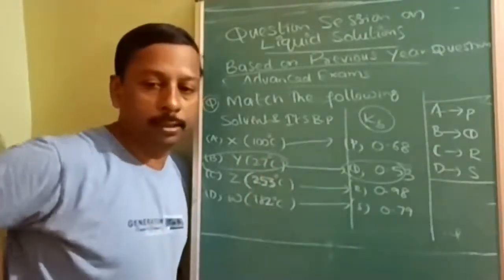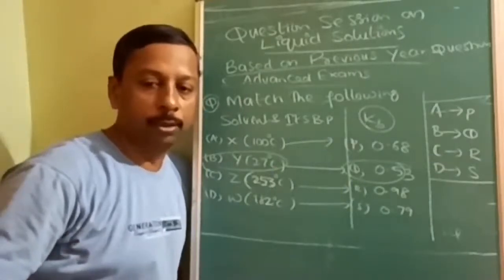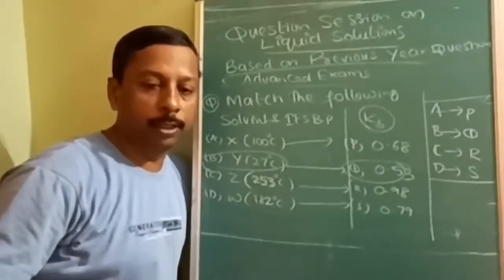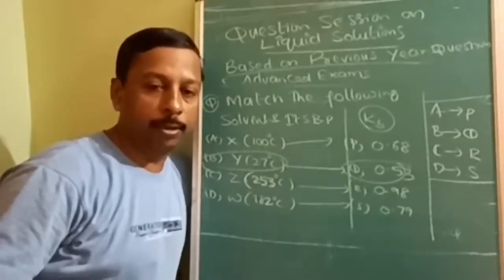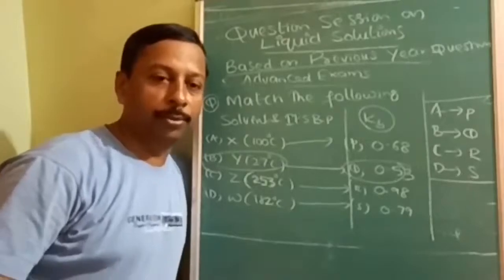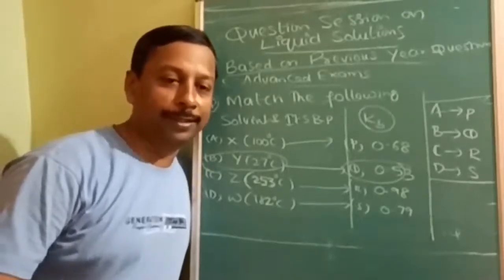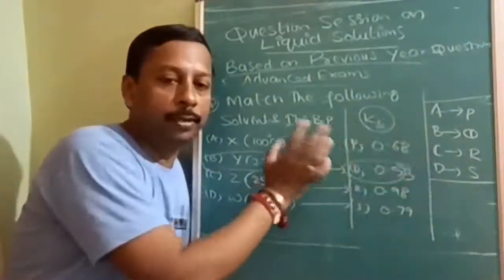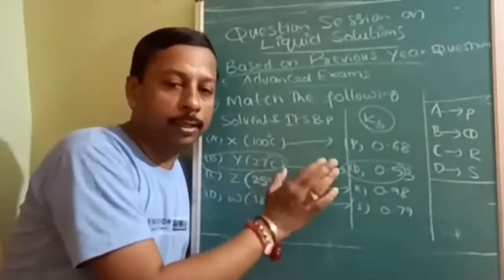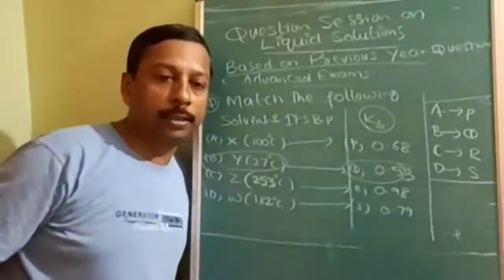Directly proportional to the square of its boiling point, or we can say directly proportional. I am not talking about the boiling point of the solution. Here Kb is defined for the solvent, not for the solution. Higher the Kb, boiling point increases.